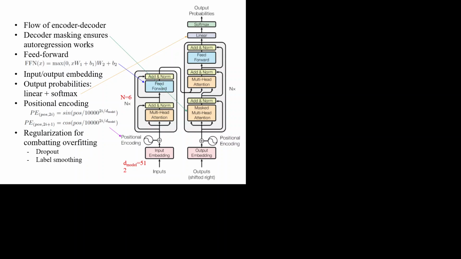Next week we will talk about how to do the mask, because I cannot attend to your next tokens. I have to follow the auto-regressive way to generate the tokens one by one. So I can only attend to my previous tokens, but not to the next tokens.